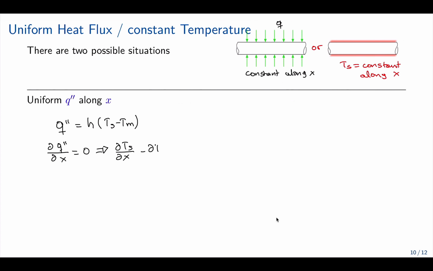This is the temperature on the surface, and this is the mean temperature, and those are going to be parallel. This is the meaning of dTs/dx equal to dTm/dx.